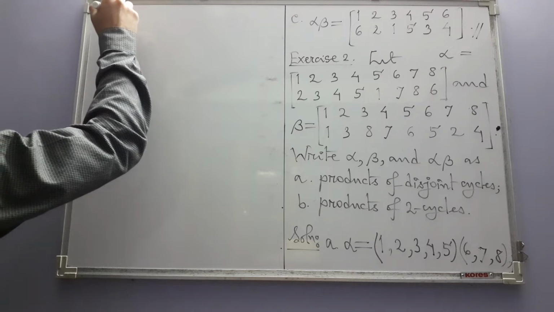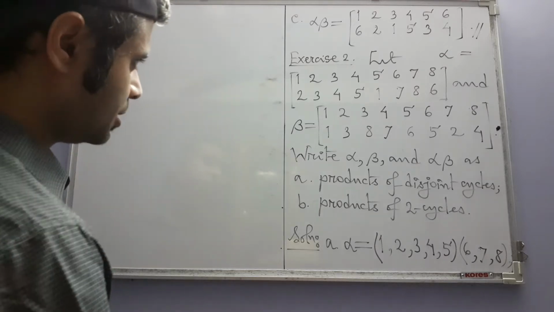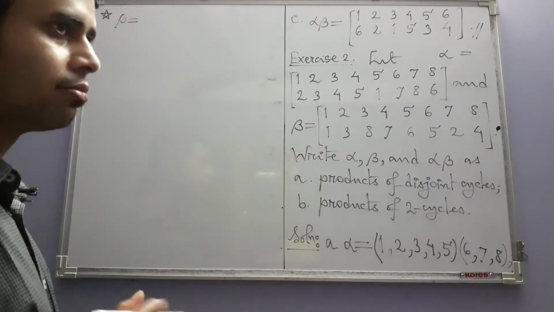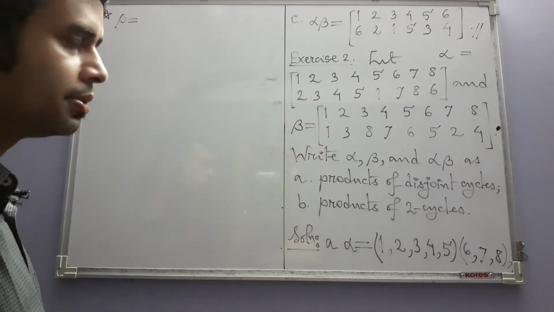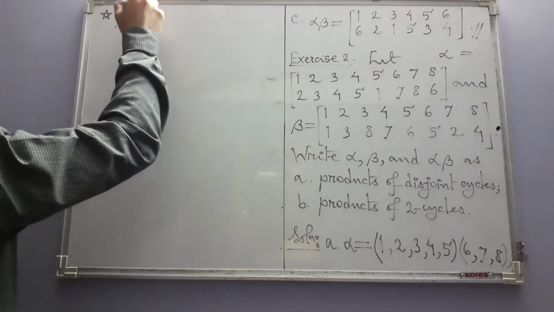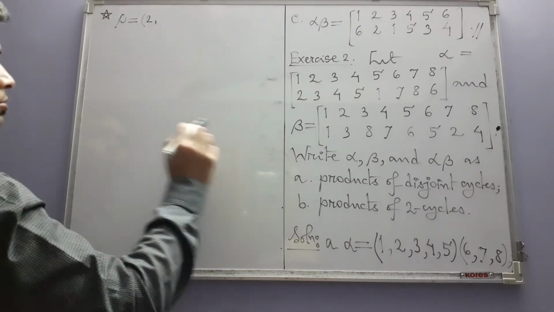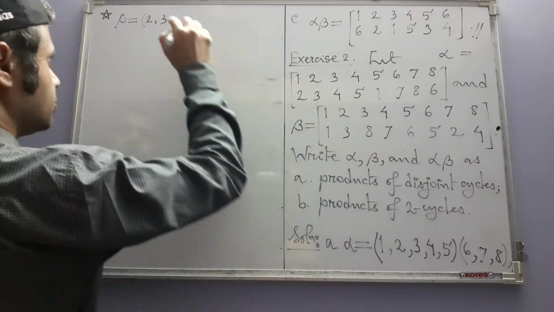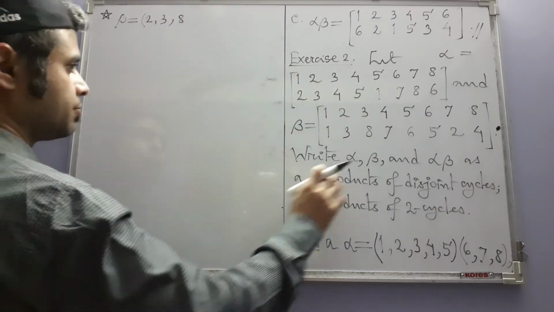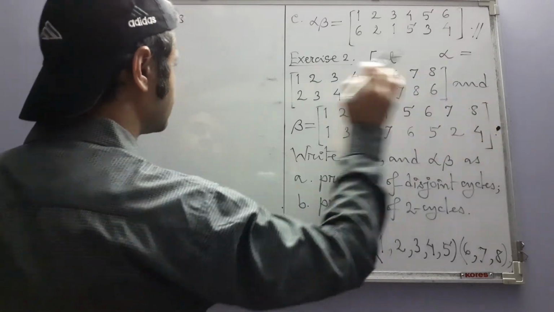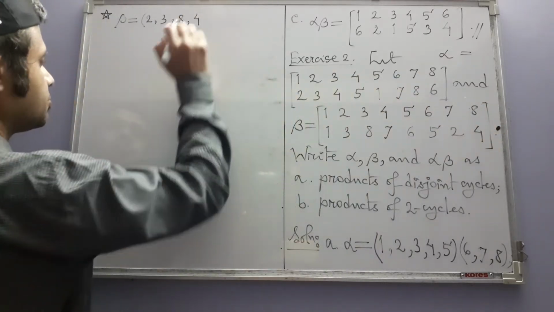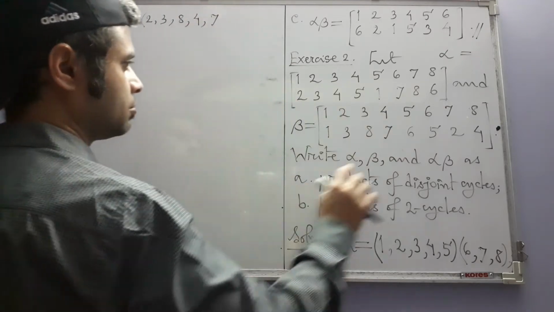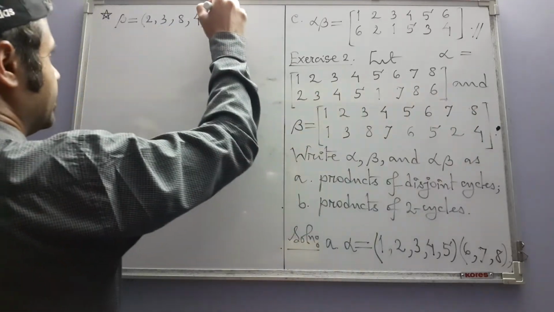And like that, we write the cycle decomposition of beta. Since 1 is unchanged, we don't write 1 cycles. We keep them hidden. So we start things with 2. 2 is sent to 3. 3 is sent to 8. 8 is sent to 4. 4 to 7. 7 to 2 again.